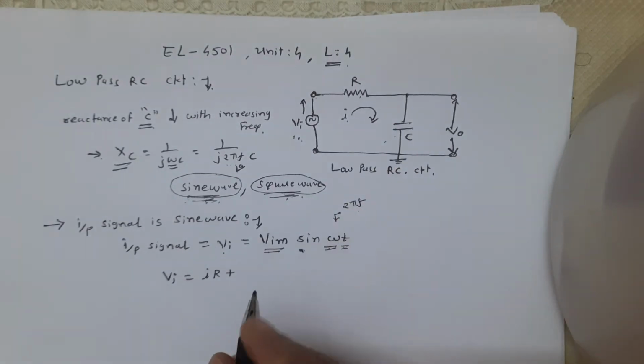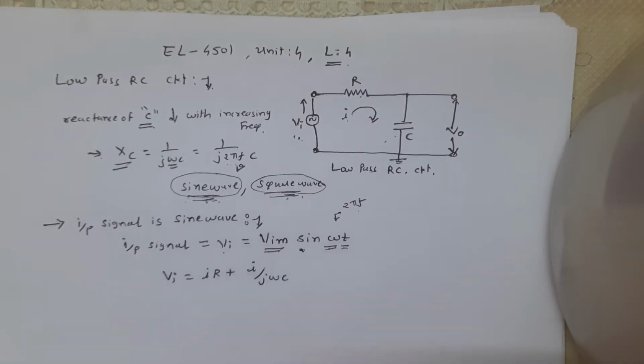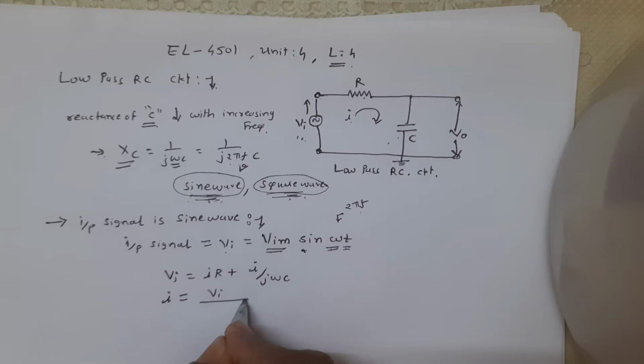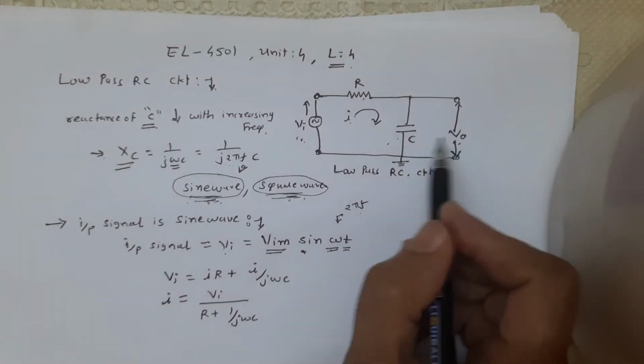That means it is equal to I upon j omega C. So we finally get I is equal to Vi upon R plus 1 upon j omega C. This is the current flowing through the circuit. So what is the output across the C?